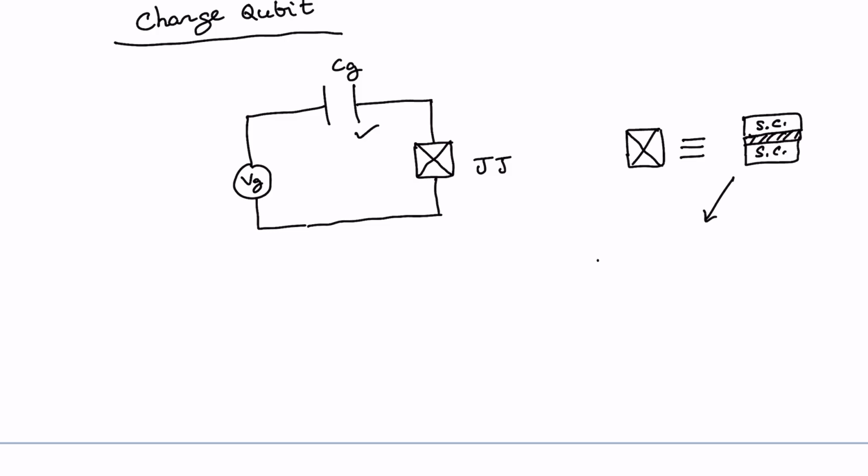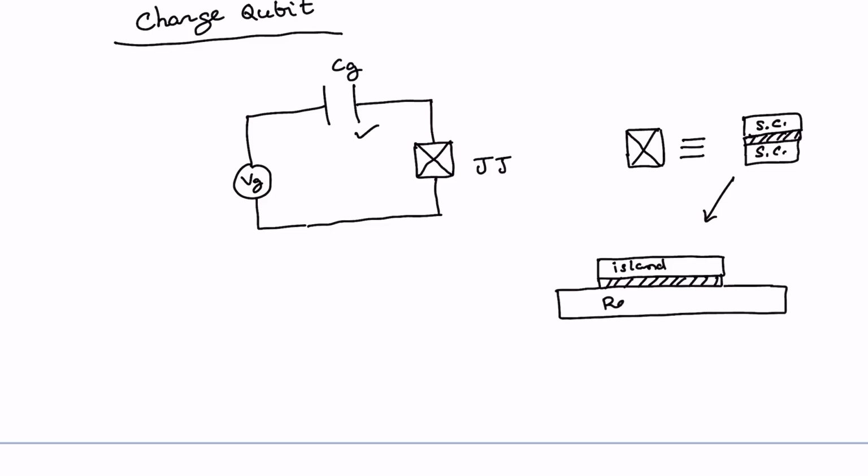So here, if I enlarge it, then the upper part is the island, and the lower part, which is separated from the island by this thin insulating layer, is generally a bigger superconducting piece of material, and this is termed the reservoir.